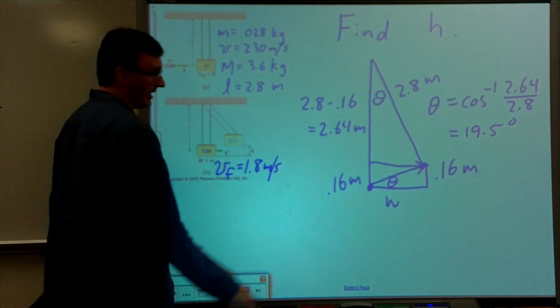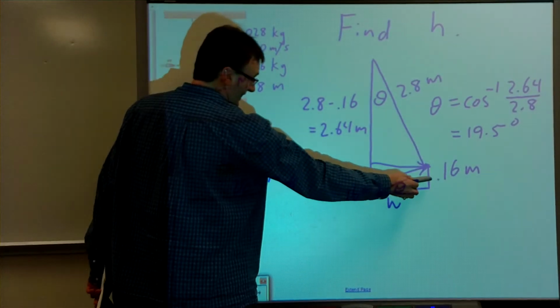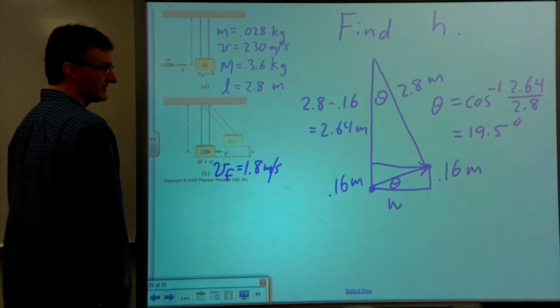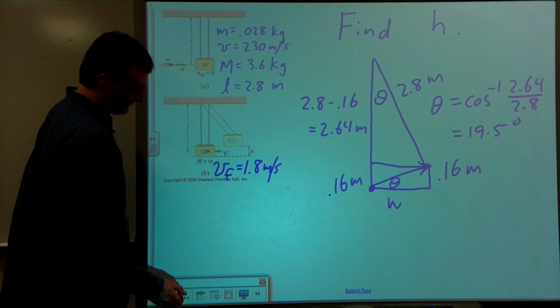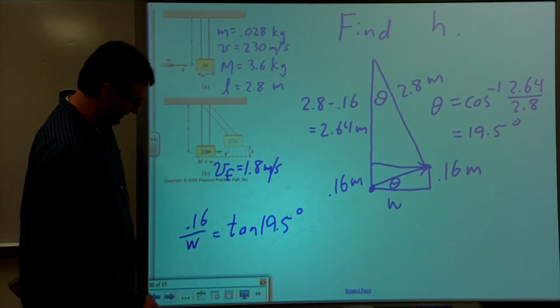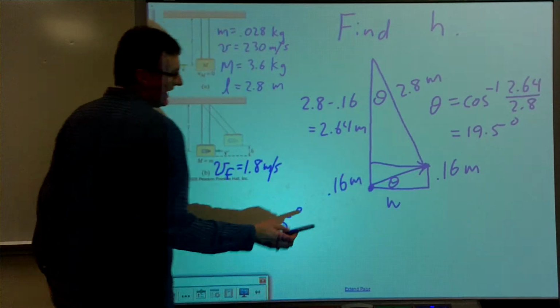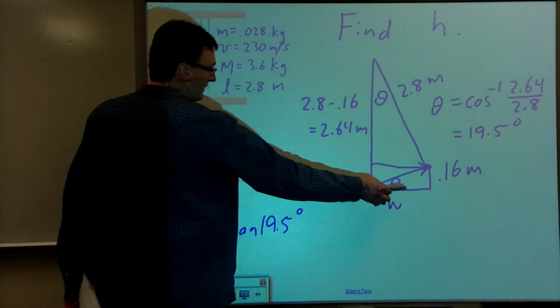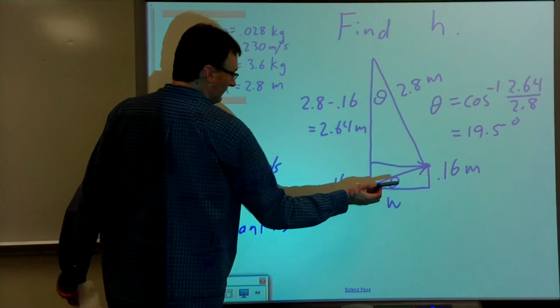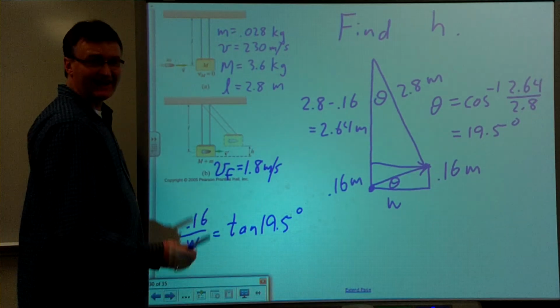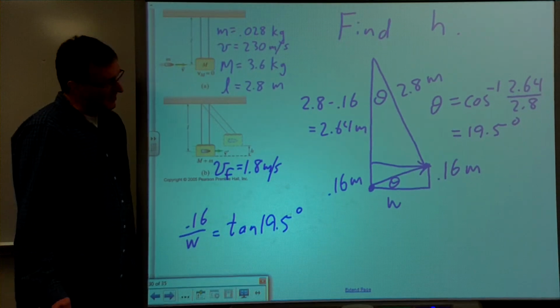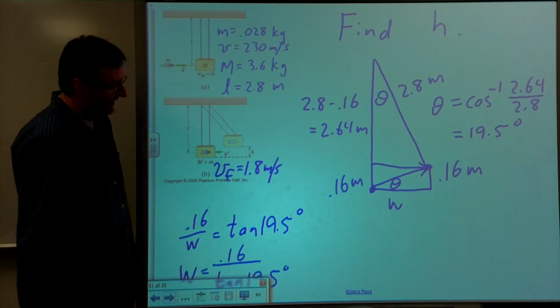Actually, we could find the hypotenuse right away using the inverse sine. I'm not sure which way I went here. Actually, I first found this length here. You don't actually have to do that. You could use the inverse sine function to take you there directly. I used the long way, but that's okay.